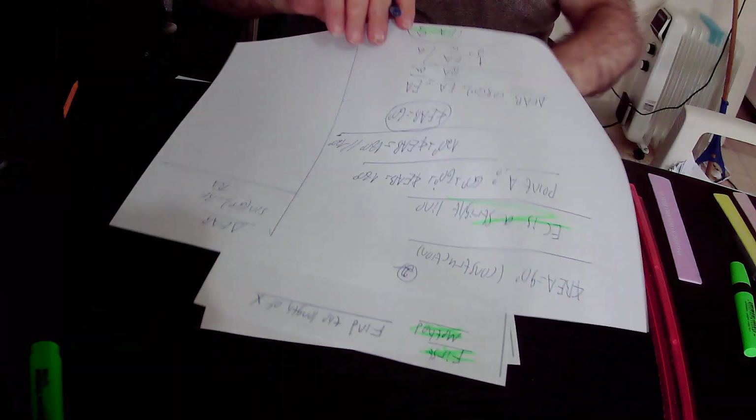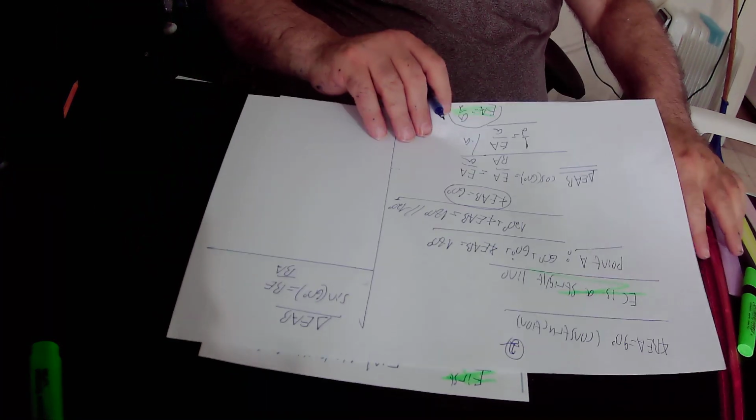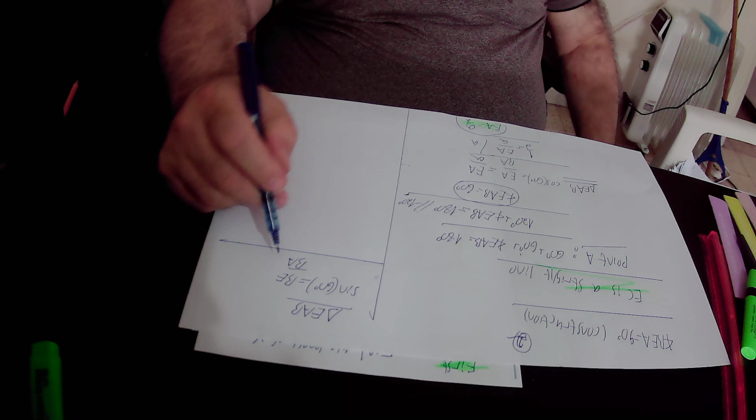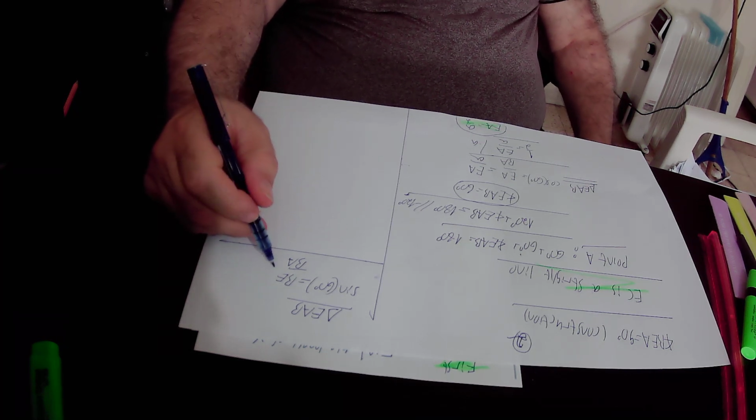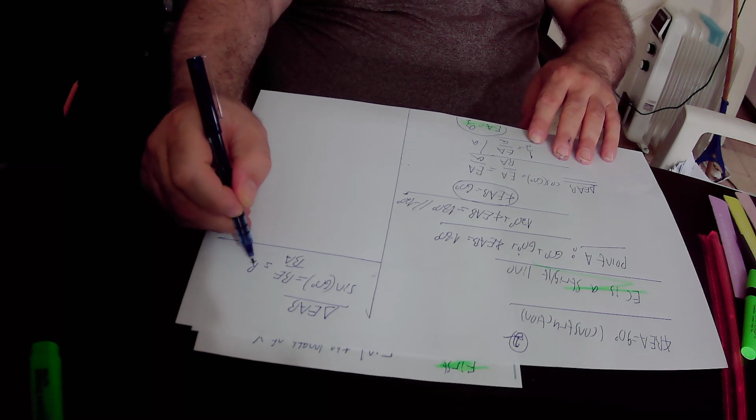I'll repeat again. On the green right triangle, triangle EAB, sine 60 degrees equals BE over BA.